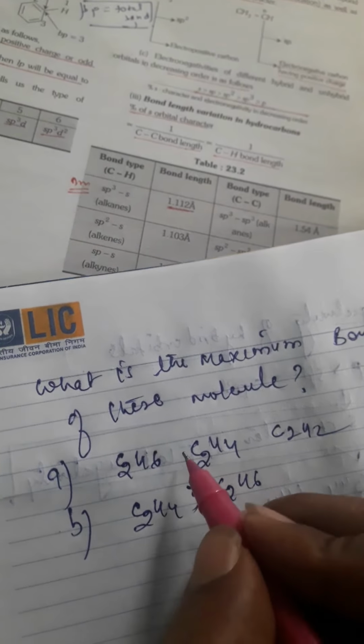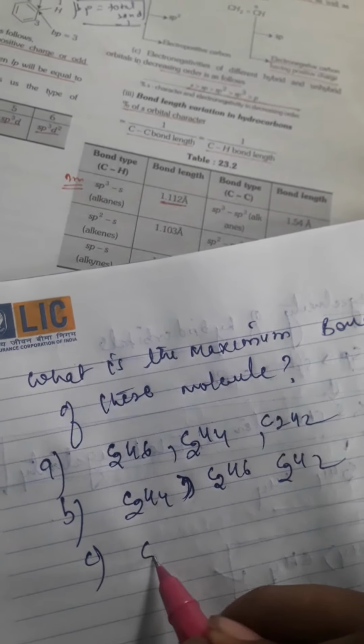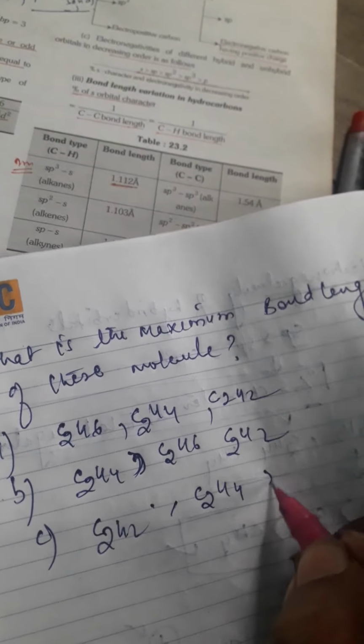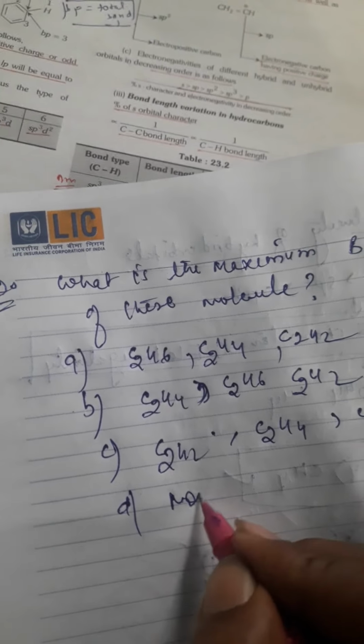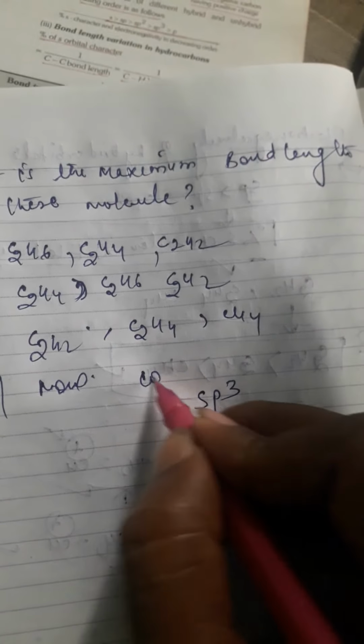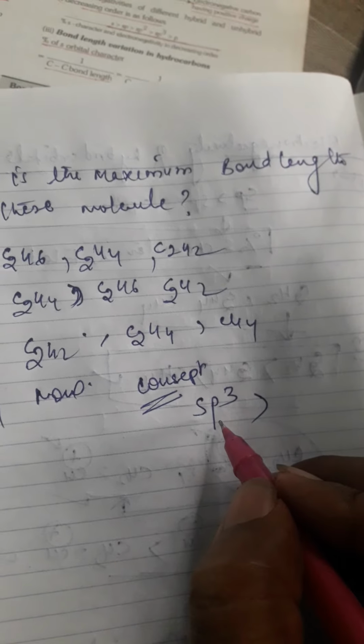The second option may be C2H2. The third may be C2H2, C2H4, methane. The fourth option may be none. So what is your answer? The concept is this one, and you can also write it down: sp3 is much more, then sp2, then sp.